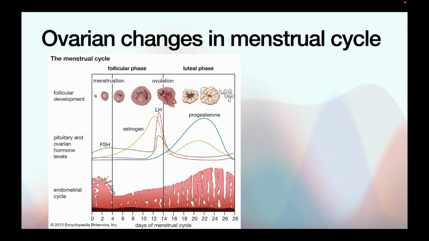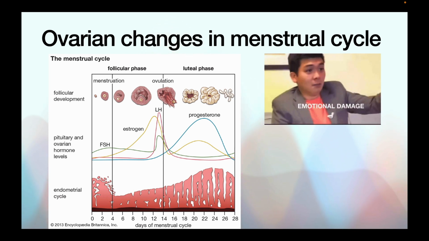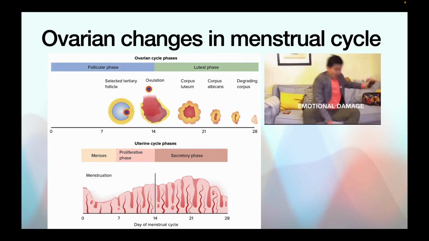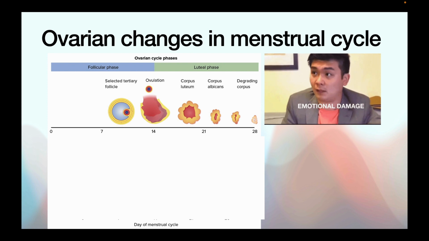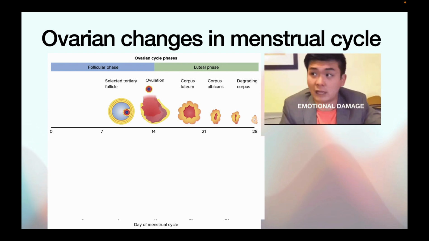So let's talk about the ovarian changes in the menstrual cycle. Just as we talked about the uterine changes with the functional layer, we have the ovarian changes, and you can break that down to just 2 phases, the follicular phase and the luteal phase.